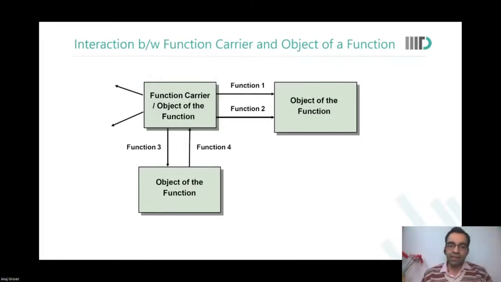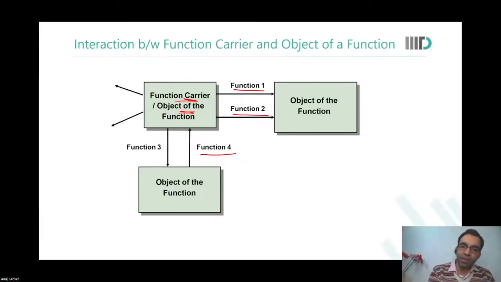What we are now saying, in this diagram, is that any component of a system can be both a function carrier and also an object of functions. So it could be a function carrier, for example, for function 1 and function 2, but it is an object of function for function 4.